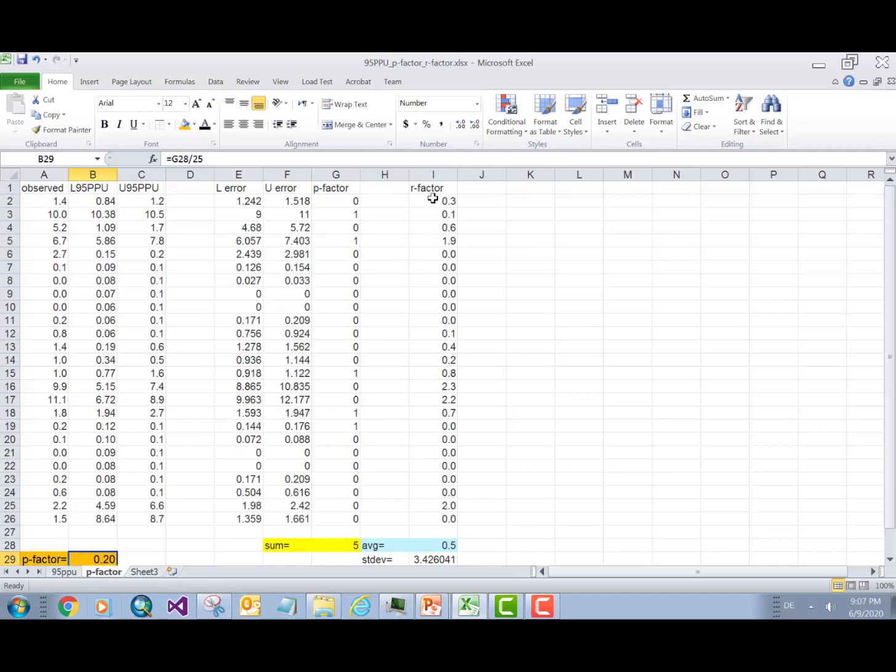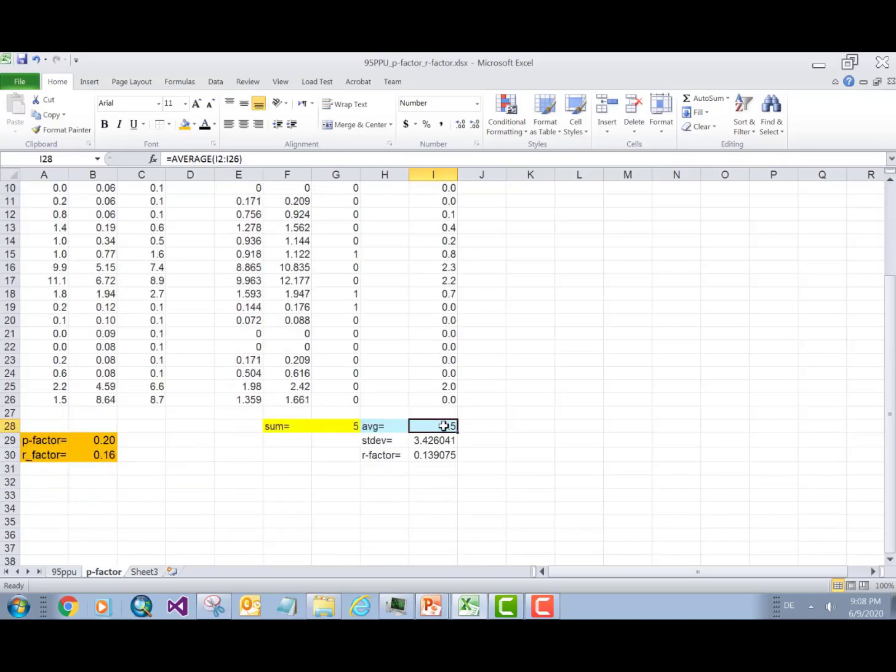Now my r-factor is simply upper 95 PPU minus lower 95 PPU for all the measurements, and then at the end you average all those, and then you calculate the standard deviation of my measured data, and the ratio between the average and the standard deviation would be my r-factor.